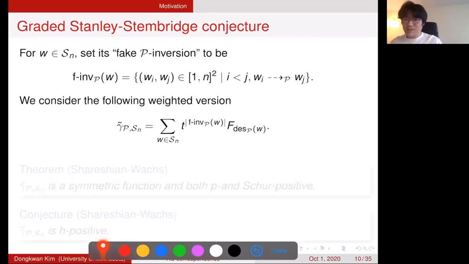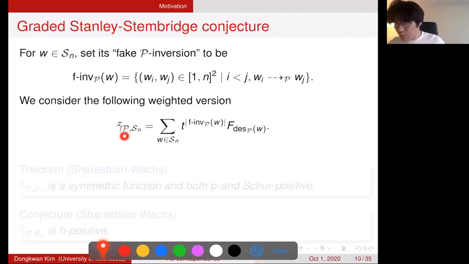Here we do something more: we compare Wi and Wj, which are in reverse order with respect to the usual order, but I want these two to be not comparable with respect to P. That is why it's called a fake P inversion. If you have a usual order, then there's no fake inversion. If you have a trivial order, then a fake P inversion is the same as the usual inversion. But here it is something in between.